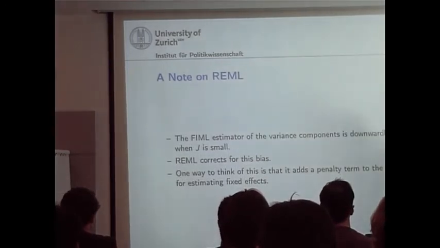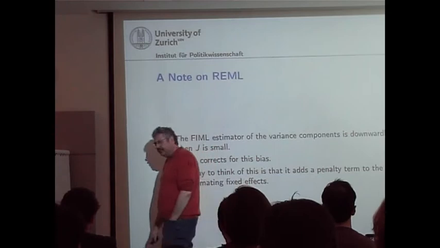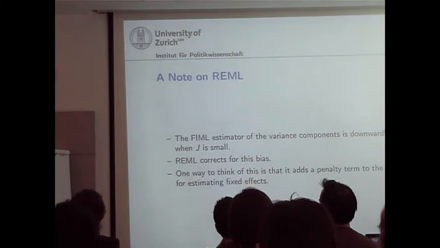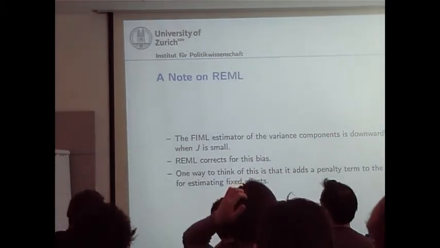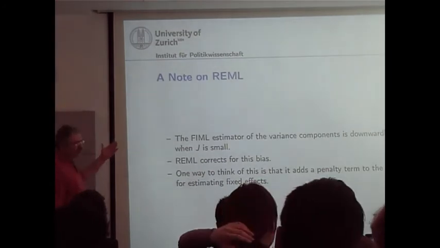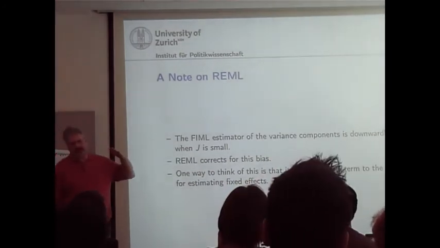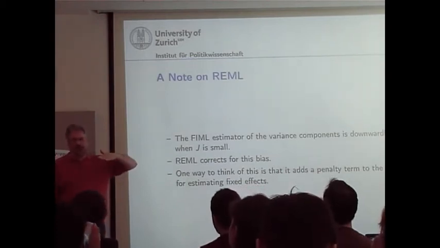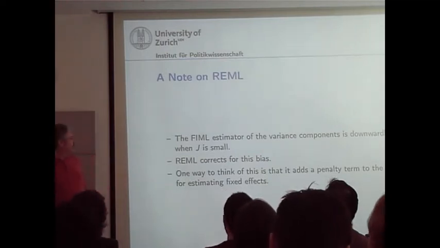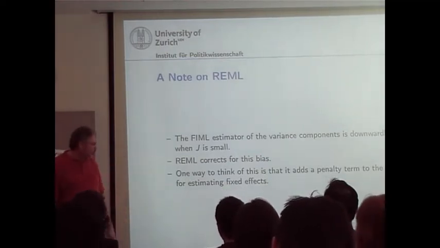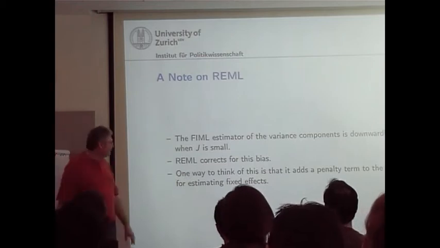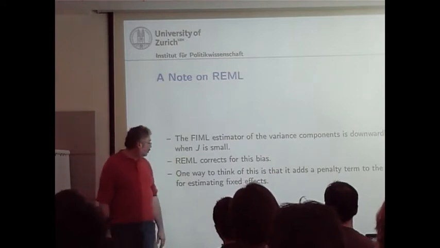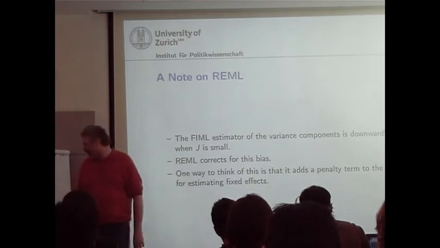Well, it overcomes a little problem in maximum likelihood: if the number of level 2 units is relatively small, it turns out that the estimates of the variance components that full information maximum likelihood produces are too low. They're downwardly biased. Restricted maximum likelihood corrects that. One way to think about this is that it adds a penalty term to the likelihood for estimating the fixed effects. It's a bit like this.